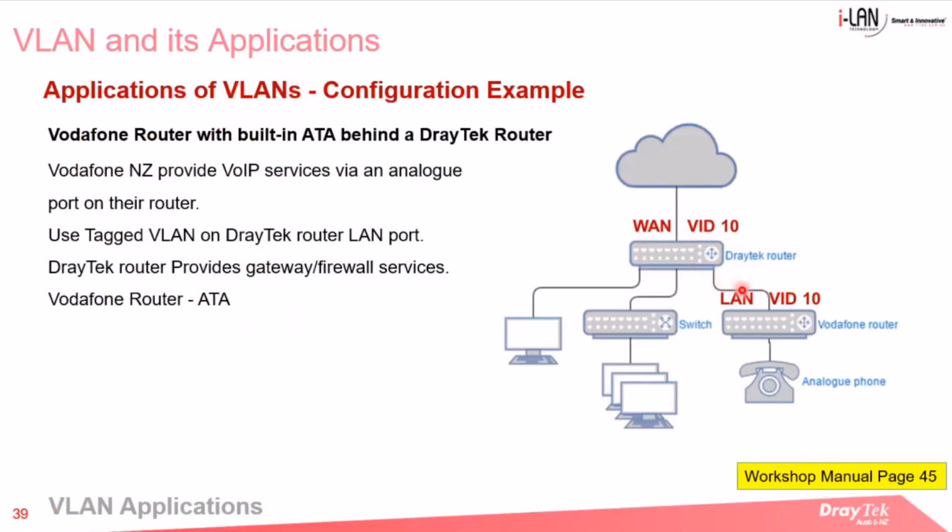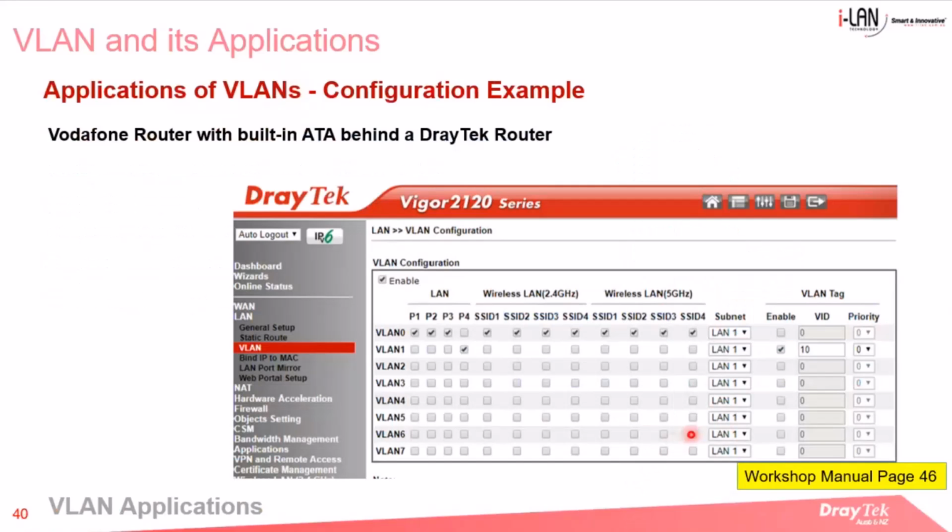Then there is a VLAN tag of 10 assigned on the LAN side, which goes to the ISP router for the VoIP services. So this is the screenshot where the customer set up the VLAN tag 10 on the LAN side, which passes it to the ISP router behind it.